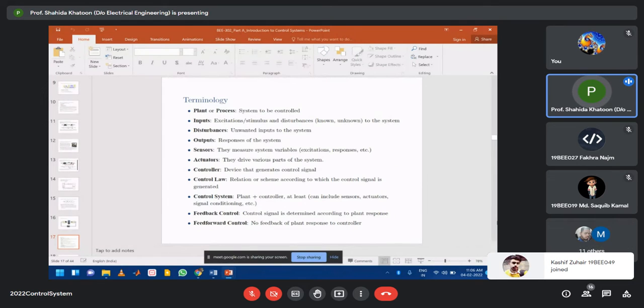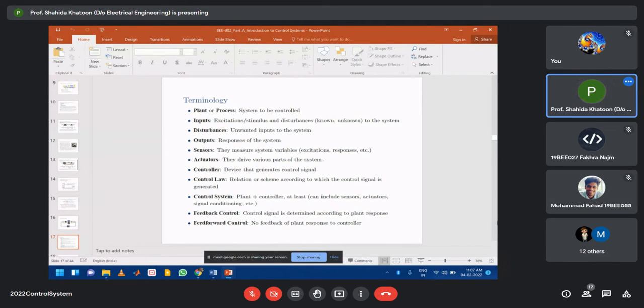So basically, what are the terminologies of basic control systems? Plant is a process which we need to control. The inputs are the excitation or stimuli and disturbances to the system, which may be known or unknown. The disturbances are the unwanted inputs to the system. Outputs are the response of the systems.